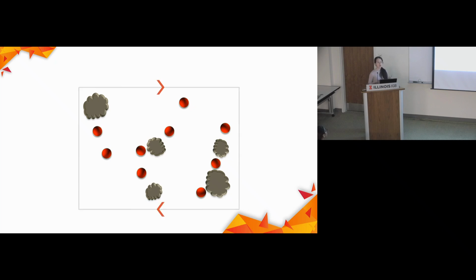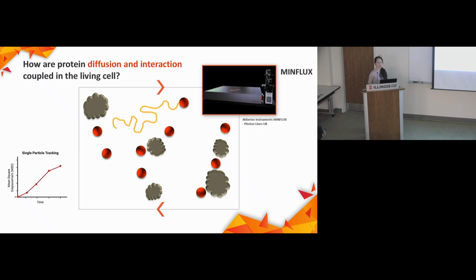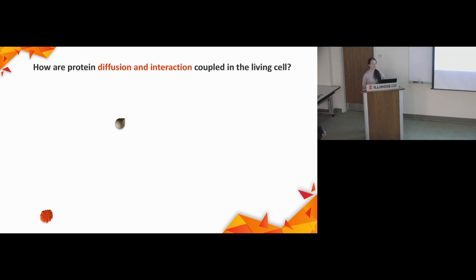How do we want to know the protein's diffusion and interaction at the same time? What we can do is pick one single molecule and get its trajectory. From the trajectory, we can tell how much the protein is diffusing and how much the protein is interacting. And we can fit the trajectory into a curve, and by using MINFLUX, we're able to get that kind of trajectory.